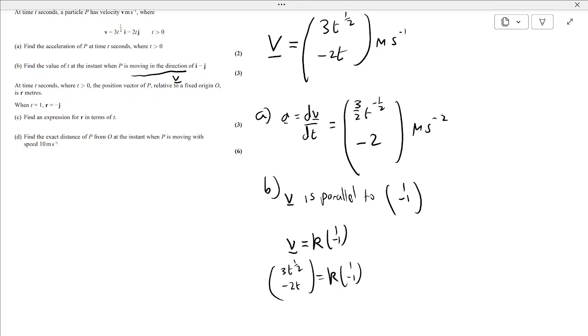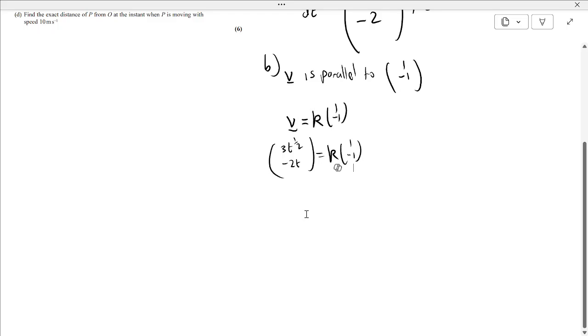How you go about solving this is sort of up to you. One safe way to do it is just to make this into two simultaneous equations and eliminate the k. Like so. So k times 1 is k, k times negative 1 is negative k. And in this instance, I would be allowed to divide my equations to eliminate k. Just divide them.